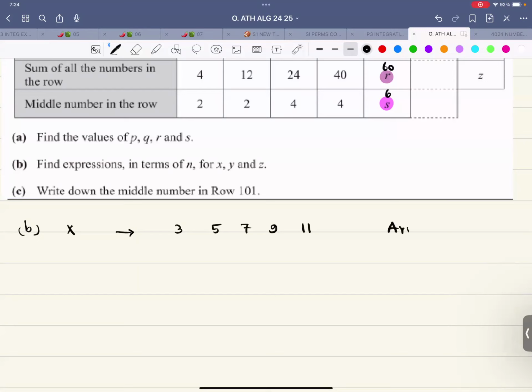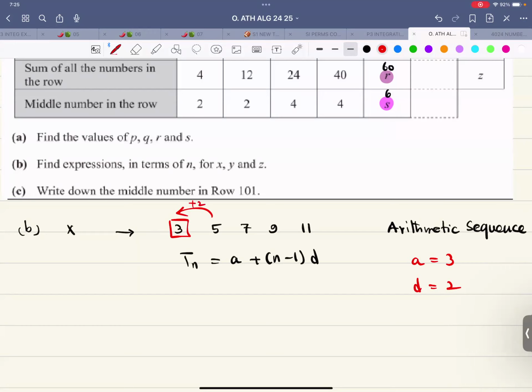3, 5, 7, 9, 11. This is an arithmetic sequence. Now, if it's an arithmetic sequence, I have the formula Tn is A plus N minus 1 into D. A is 3. And D is second minus the first term. D is 2, because an addition of 2 is taking place.